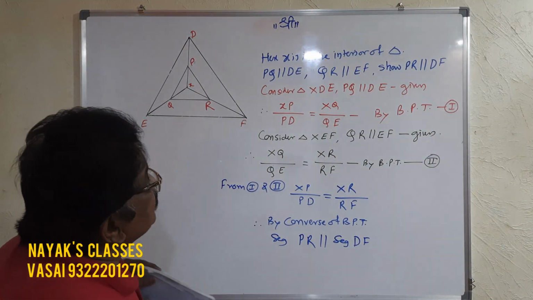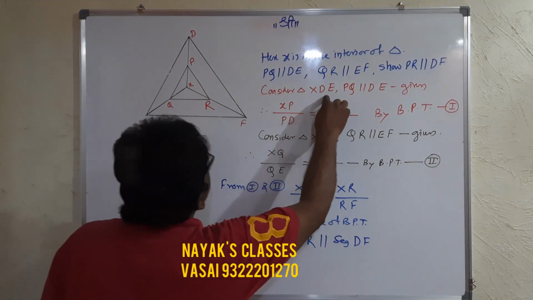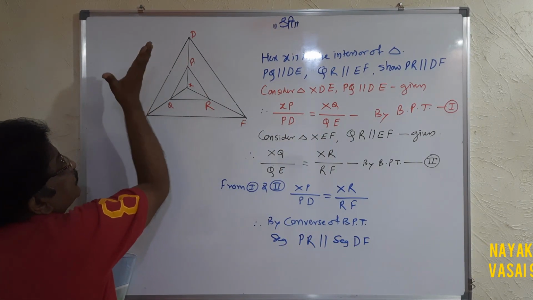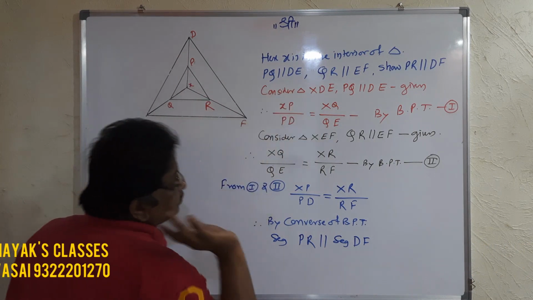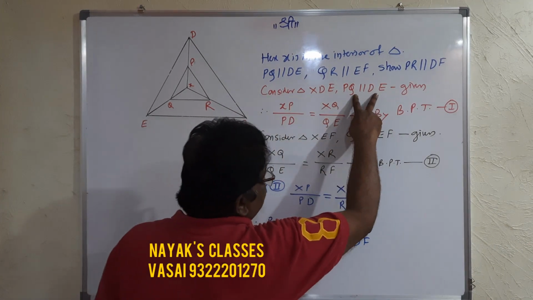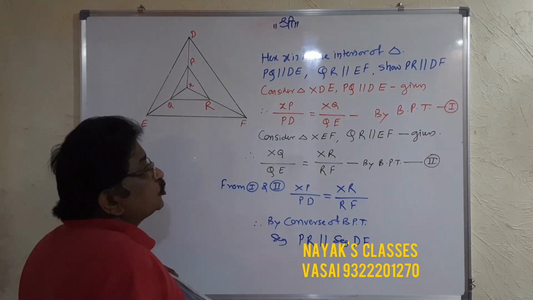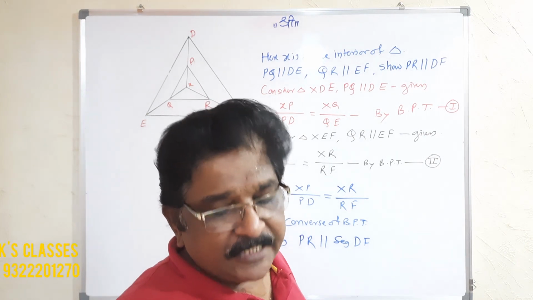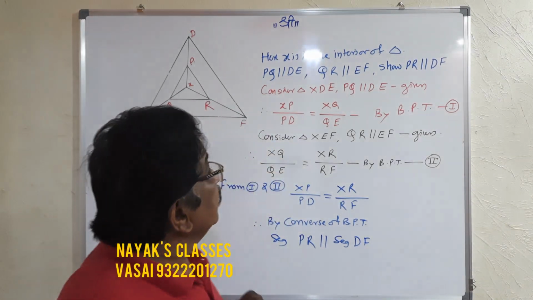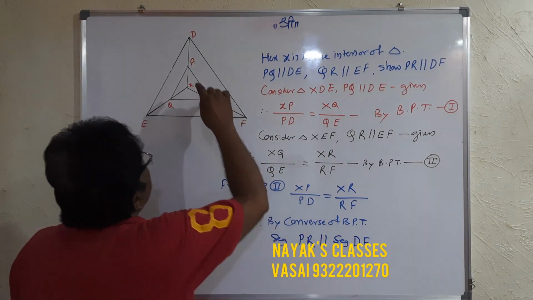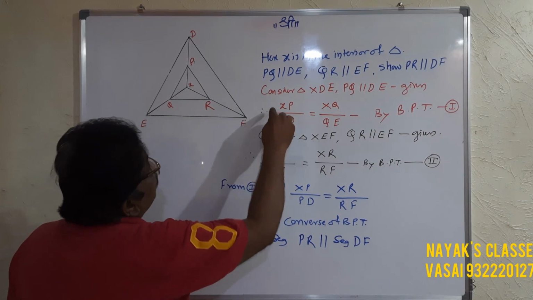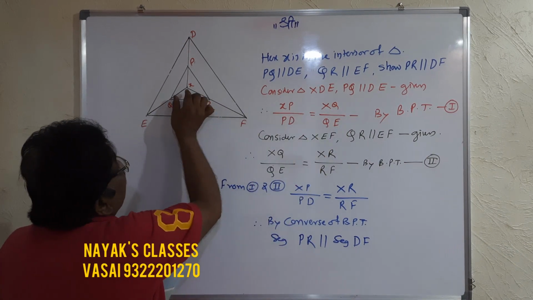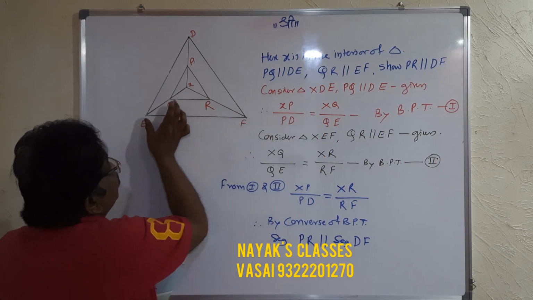So it's very easy. Consider triangle XED. PQ is parallel to DE, they have given. So by BPT, when a line is parallel to the base or any side, XP upon PD is equal to XQ upon QE.